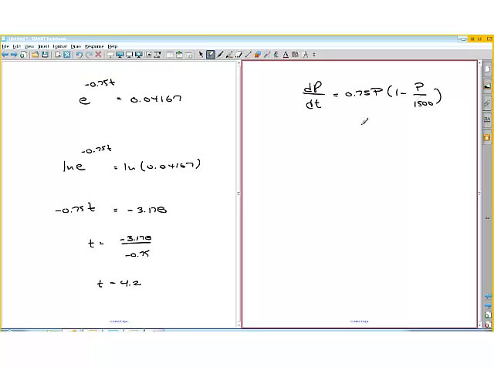I'm just checking the answer, and that is correct. So this is k, this is P, this is P, this is L. The 24 comes from the initial conditions, so the initial condition would be that P of 0 equals 60.